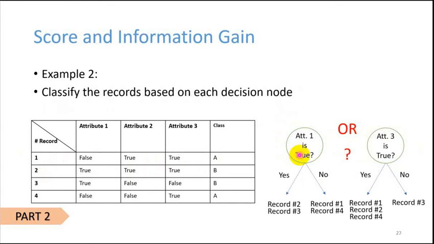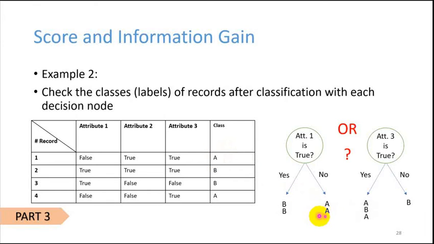After classification, we have these results. If we replace each record with its label, we have something like this. So now you can probably see that the left-hand side decision node would be a better option, and we are going to prove this.